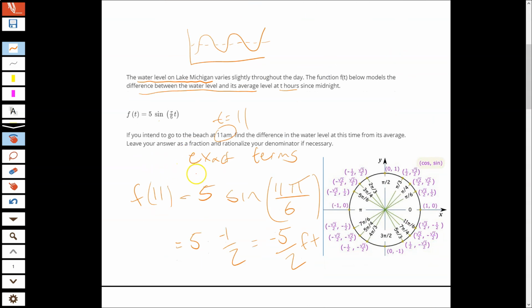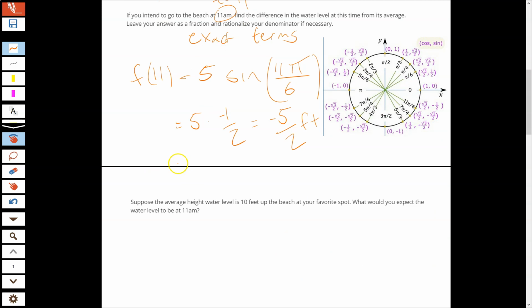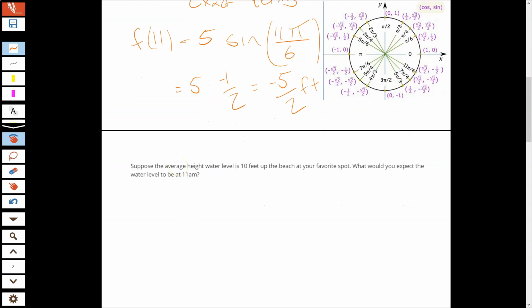Next one. So suppose the average height of the water level is 10 feet at the beach at your favorite spot. What would we expect the water level to be at 11 a.m.? Well, remember this result that we got in our last question is the difference between the average and the current level, right?